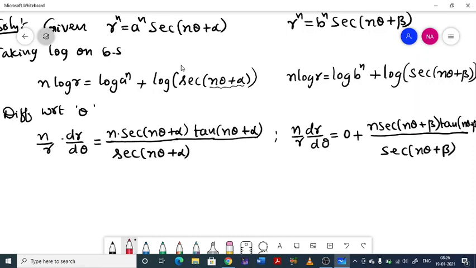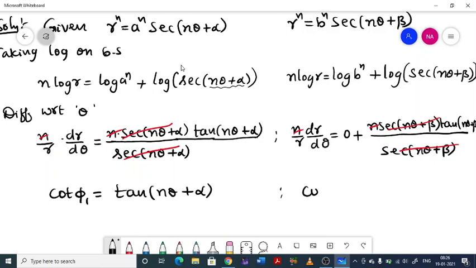So I can cancel this secant term, n, here also n cancel, secant cancel, so we will be getting this side cot phi 1 equal to tan of n theta plus alpha, and here cot phi 2 equal to tan of n theta plus beta.